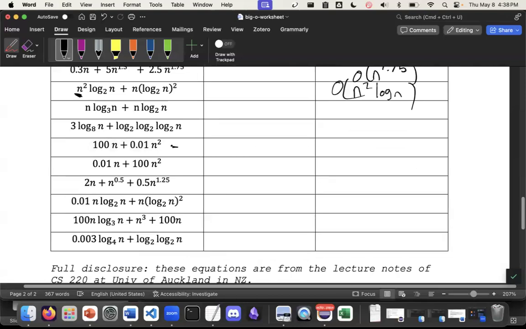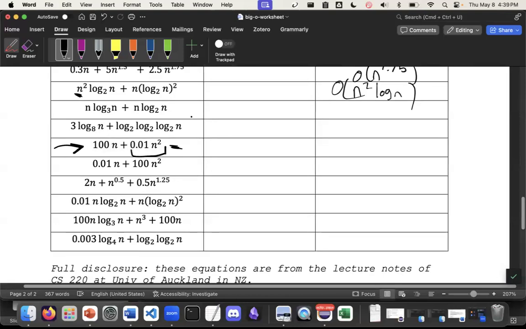What about this one? 100n versus 0.01n squared. Ideas? 100n versus 0.01n squared.